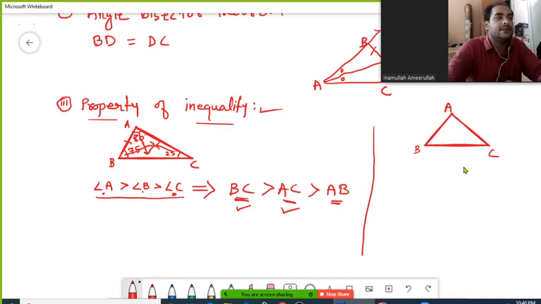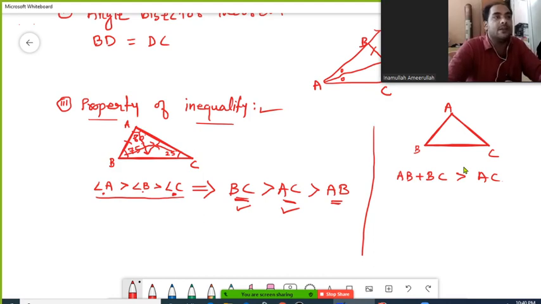For example, if I take AB plus BC, it should be greater than AC. Otherwise, the triangle will not form, and such a triangle actually will not exist.